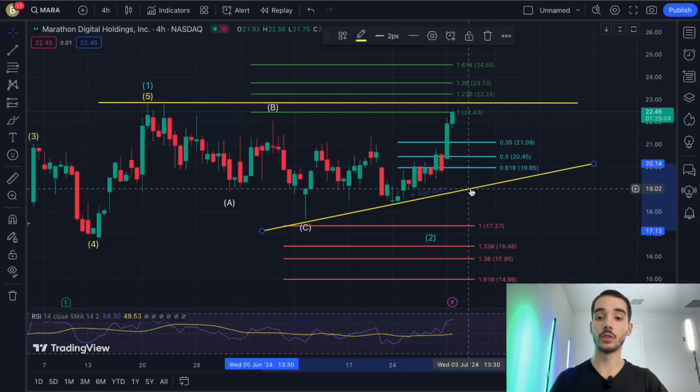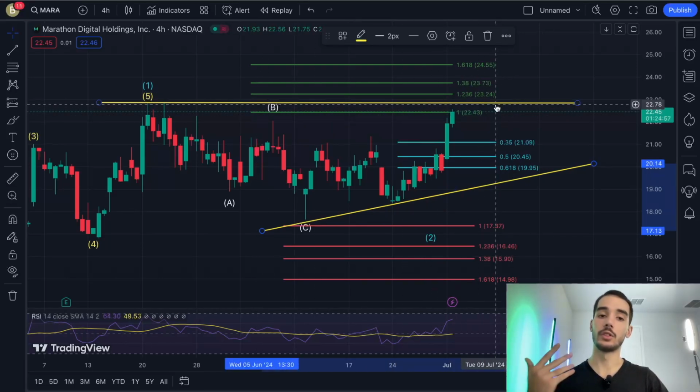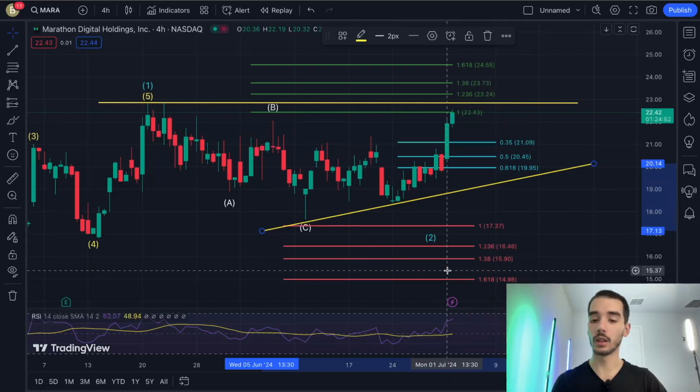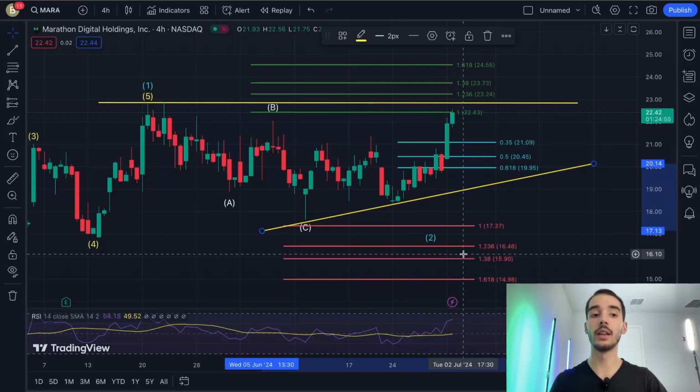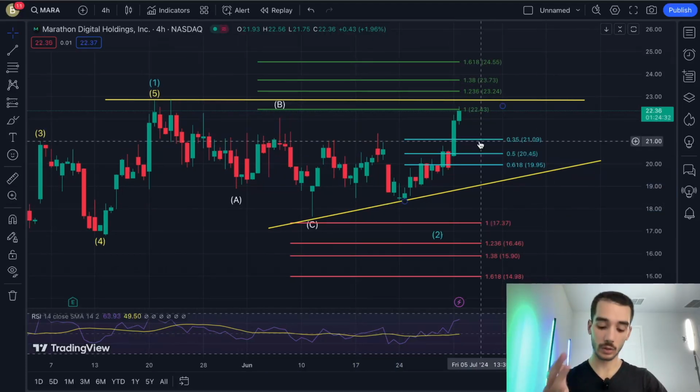And again, until we break above and hold this high right here in yellow, we still see the possibility of this falling back into the red, especially with interest rates still being very high, and we don't see an interest rate cut until at least probably towards the end of the third quarter or early fourth quarter. So until then, we can still see selling pressure.